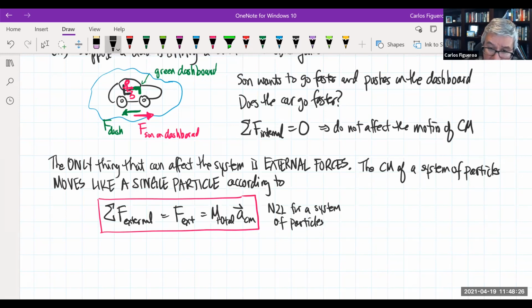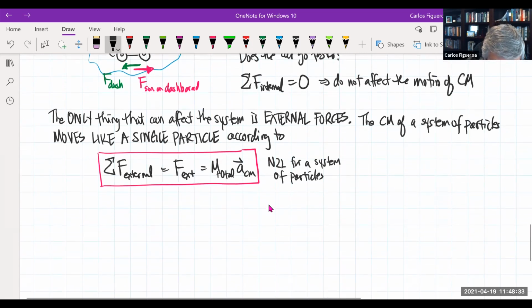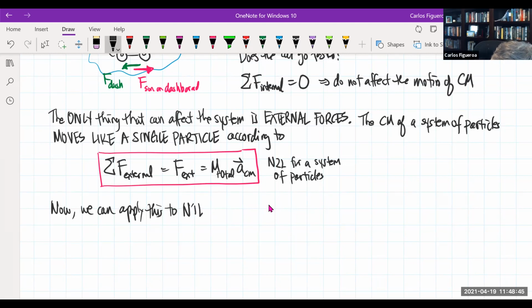But the thing about it is that we could continue to look at this. And what I want to do here is that now we can apply this to Newton's first law for a system, right? Newton's first law for a system, what does that mean?